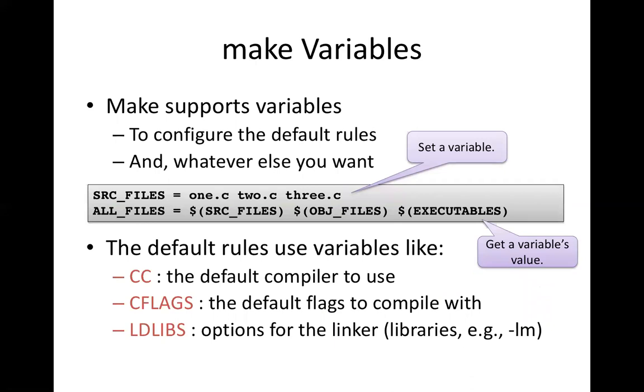The default rules include use of variables that let you sneak in compiler options that you might need. And to use these, we just need to learn how make supports variables.